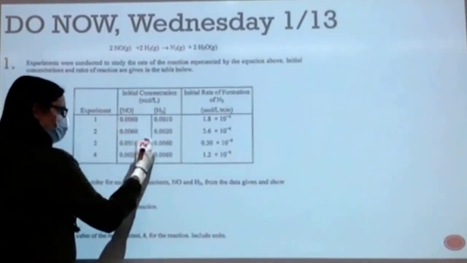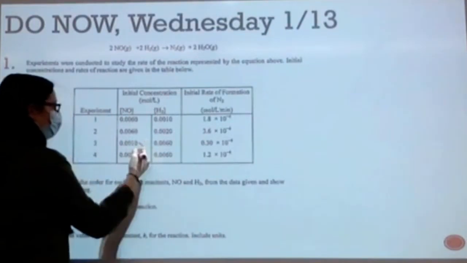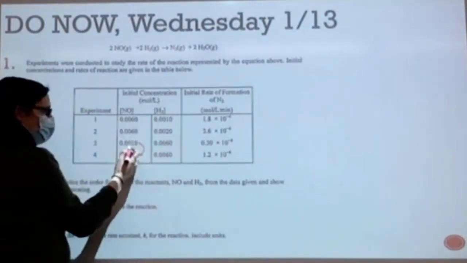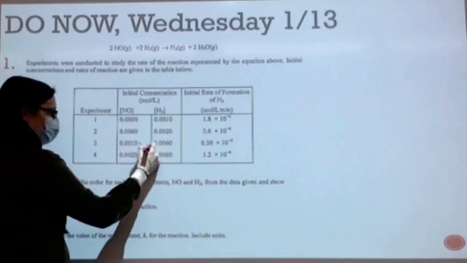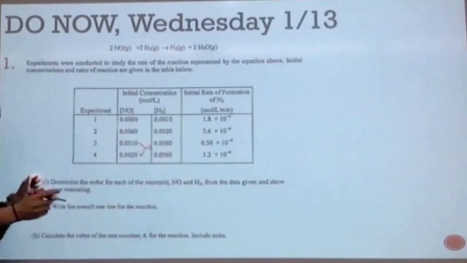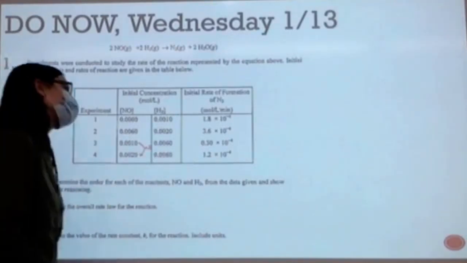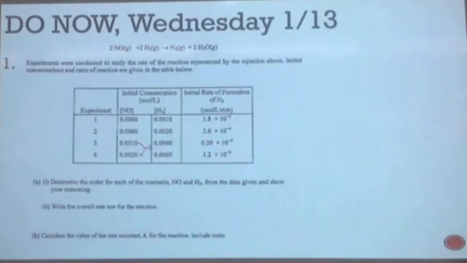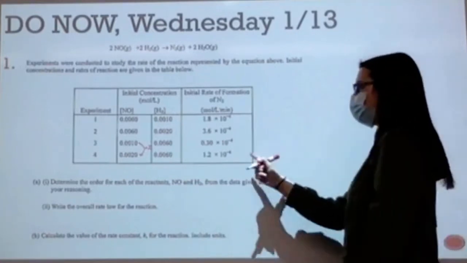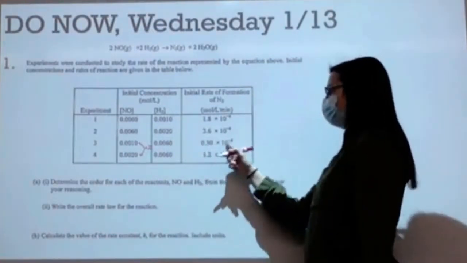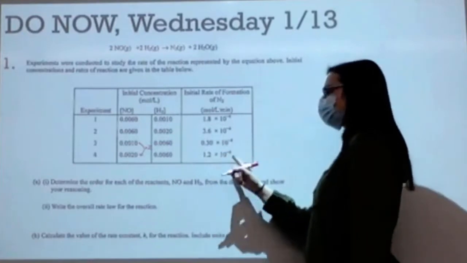So from 3 to 4, I notice that the concentration of NO goes from 0.001 to 0.002, so it doubles. And the rate, again, the way that they gave us this scientific notation, they made it easier for us to see because they did 0.3 times 10 to the negative fourth and 1.2 times 10 to the negative fourth.